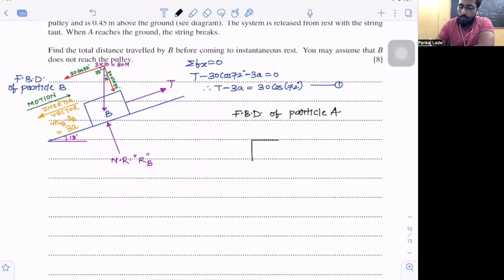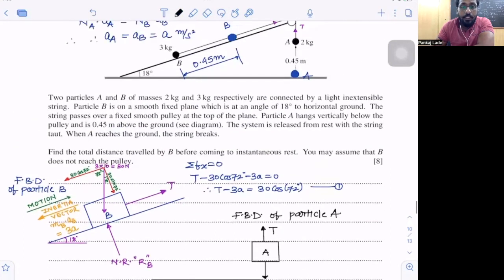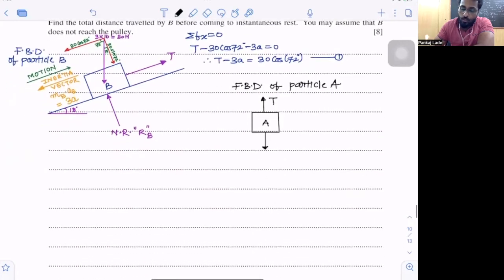This is a pretty simple one, because there are not a lot of forces acting on block A. This block A is attached by a string, and the string is in tension, that's T. The weight of the block will be acting in the downward direction. The mass of the block is 2 kg, so the weight will be 2 into 10, that's 20 Newton.